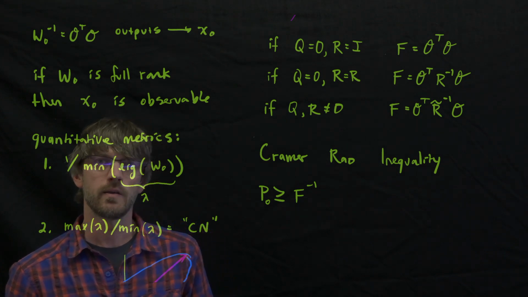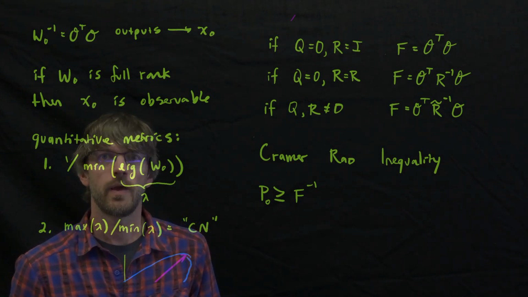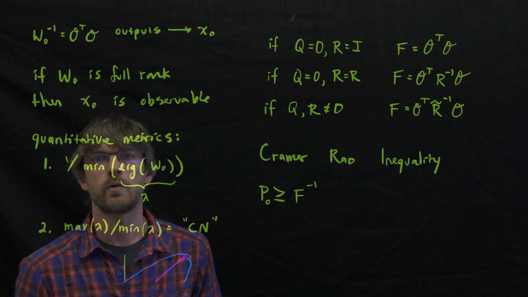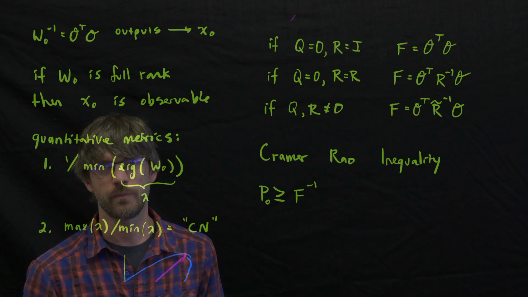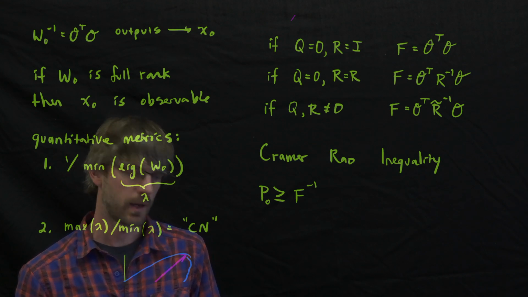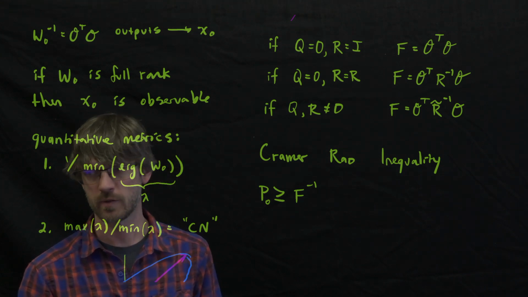What that's saying is, given some system, there is a mathematical limit on how small that error covariance could be for your initial condition. And that limit is set by the inverse of the Fisher information matrix.